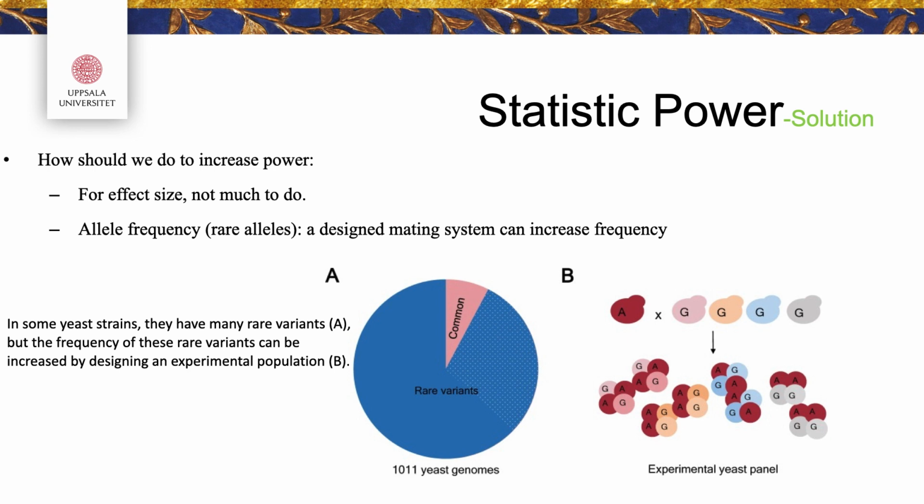So, what should we do to increase the power? For effect size, it is biologically determined. Not much to do. For low frequency, there are already some studies using specific mating systems to increase the allele frequency. Once this allele frequency increases, it becomes a common variant.